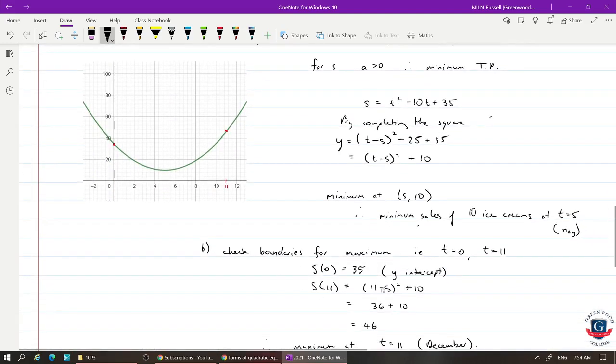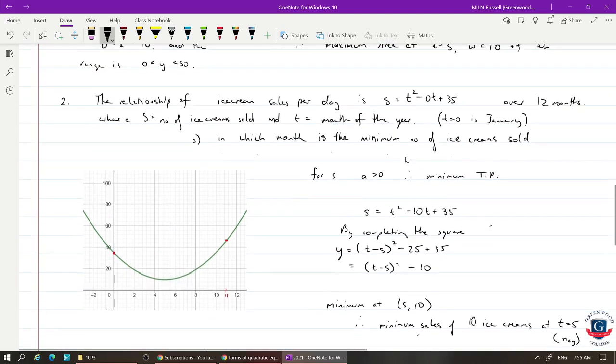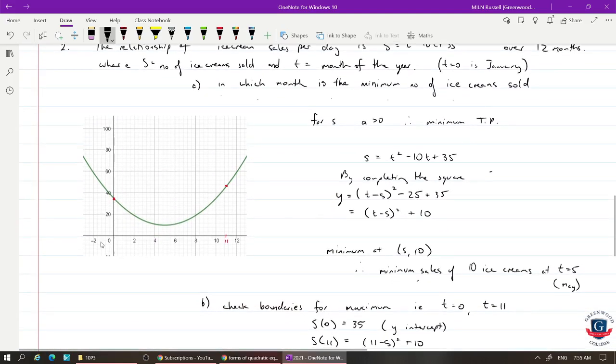Now the next question is find the maximum. Now we can see the maximum, if we went behind January, which we're not interested in because we're only interested in 12 months, it would go higher. And if we go past 11, it would go higher, but we're only interested in the domain from 0 to 11.